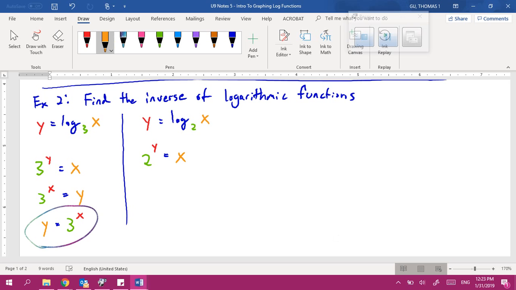So my final, 2 raised to the x equals y. That's right. But let's write y equals 2 to the x. If you put it the other way, it's not wrong. It's just that this is cleaner, especially when you're writing an equation.